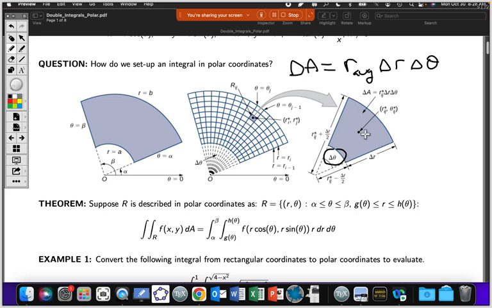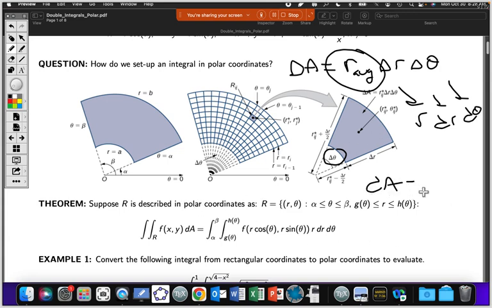And as I make a finer and finer mesh, so that the areas of all these little things go to 0, then the r's are going to converge to whatever r we have at that given point. And then that becomes the dr, and that's going to go with your d theta. So the long and short of it is, that's our area differential in polar coordinates, r dr d theta. Okay.